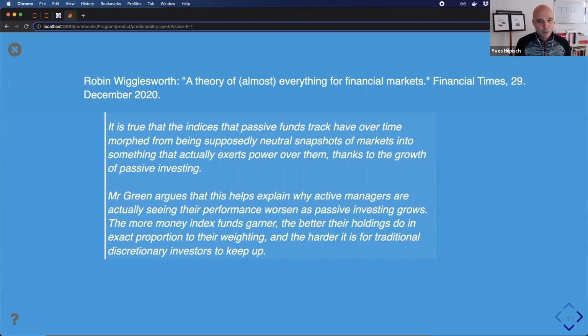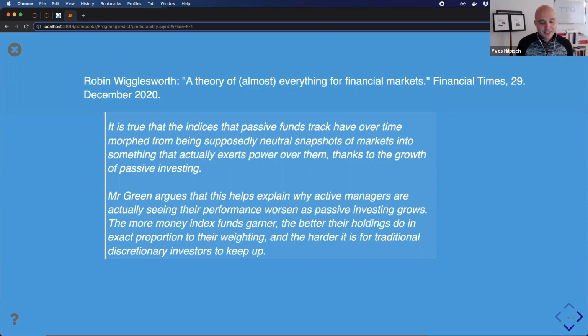This is the idea that the more people believe in passive investing and efficient markets, the more people invest in passive funds, ETFs, etc. The more self-reinforcing, self-fulfilling these processes become. So the more money index funds garner, the better their holdings do in exact proportion. This is the self-fulfilling, self-reinforcement thing.